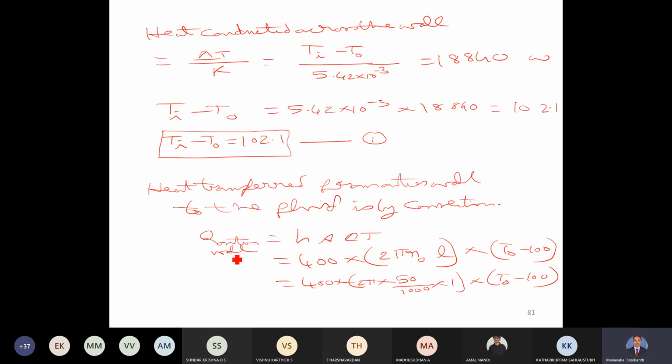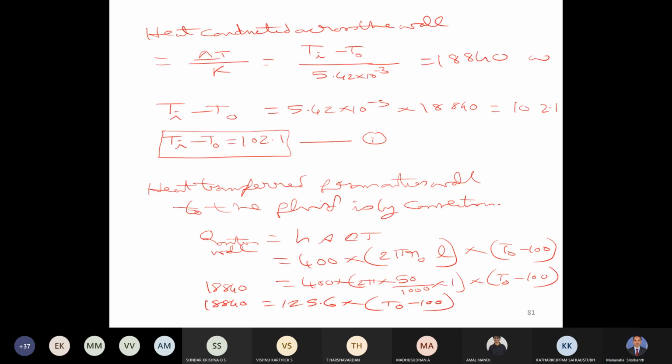Now, heat transferred from the outer wall, how much is that? This again is 18,840. Okay, so now we'll evaluate the term in the brackets. So 18,840 is equal to 125.6 multiplied by To minus 100.